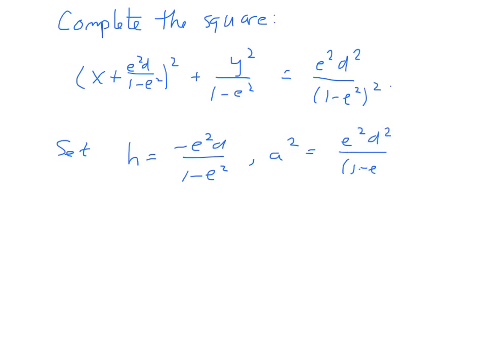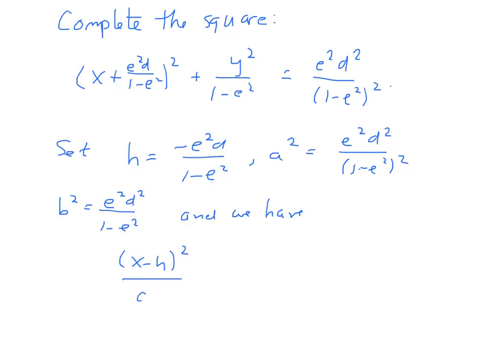And then we'll set b squared to be e squared d squared, the whole thing divided by 1 minus e squared. And then when we simplify, we'll get the following equation for an ellipse, which is (x minus h) quantity squared over a squared plus y squared over b squared equals 1.